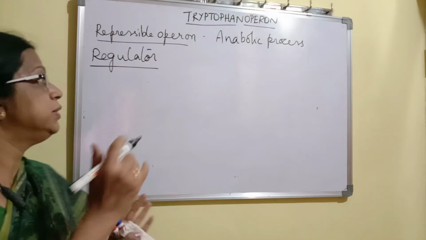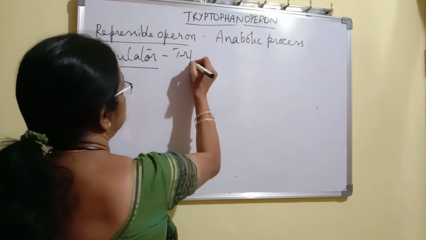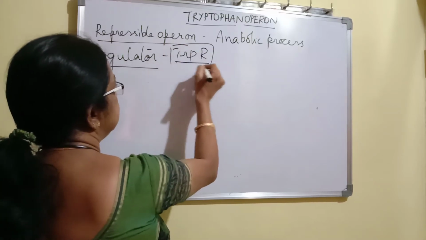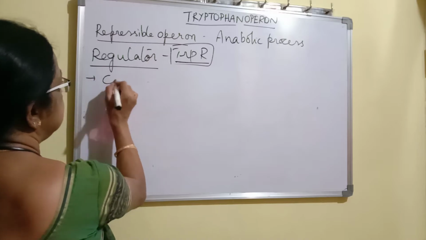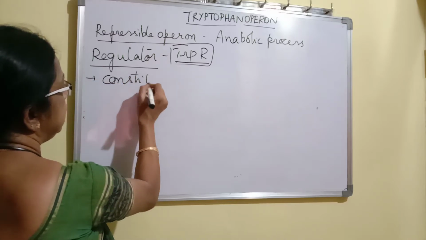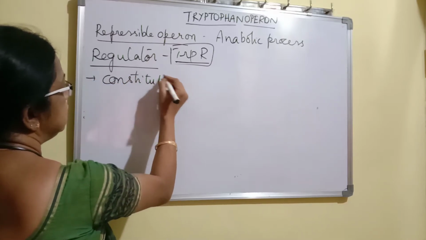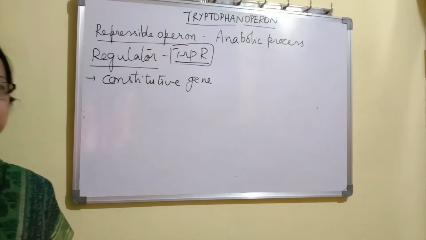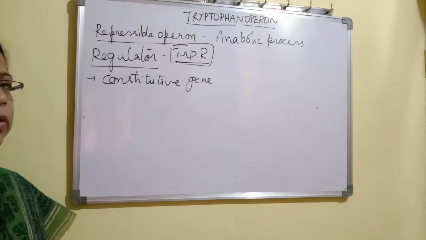This regulator gene is represented as tryptophan R. This regulator gene is a constitutive gene, that means it is always a functional gene.